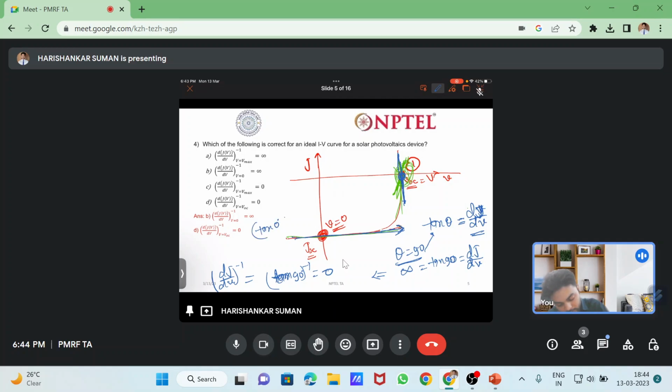The second case is 90. Tan 0 is 0; take the inverse, and the inverse of 0 is infinity. Both cases are clear. Let's move forward.